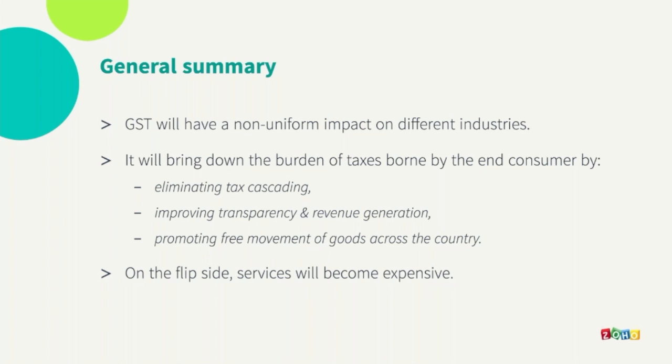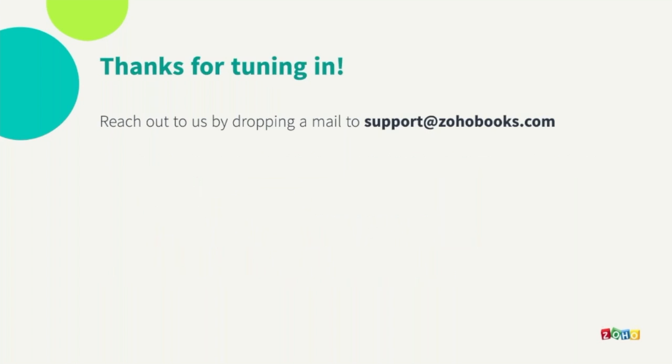And by upgrading your technological faculties, you can directly link up with the government, meaning you can submit your tax returns online, and you can remove a layer of unwanted steps across all your transactions. With that, we come to the end of today's session.